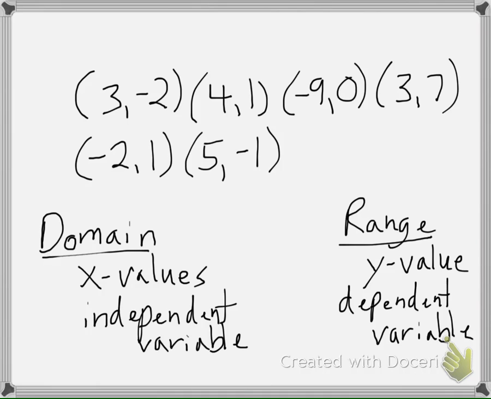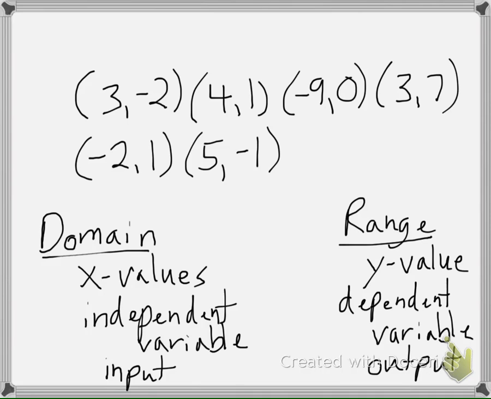So when we refer to the domain and the range, what we need in order for it to be a function is for every value in the domain to have only one value in the range. We also sometimes call this the input and the output. So every one input has only one output. So looking at this example that we have here, let's see if this one is in fact a function.